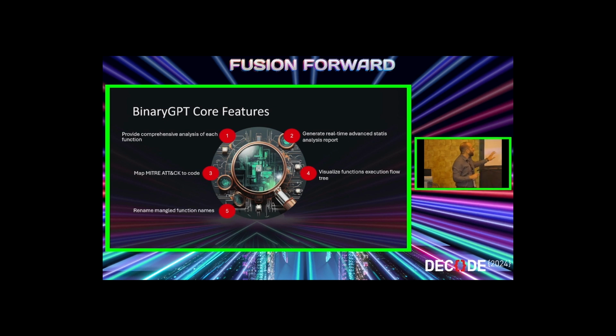So AI and BinaryGPT are able to de-obfuscate and beautify these obfuscated elements, function names, classes, variables, and give a human readable version. Out of this function, we can generate a new human readable version of the malware, okay? So you can facilitate further analysis if you would like to do it manually.